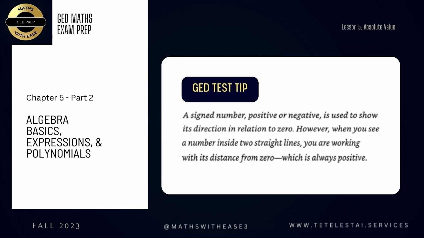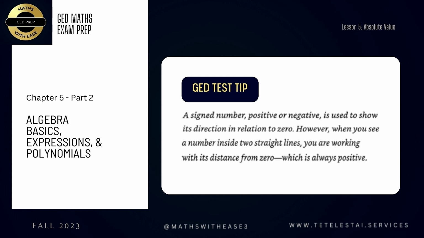Here's a test tip for you. A signed number, whether positive or negative, is used to show the direction in relation to 0. However, when you see a number inside two straight lines, you're working with its distance from 0, which is always positive.